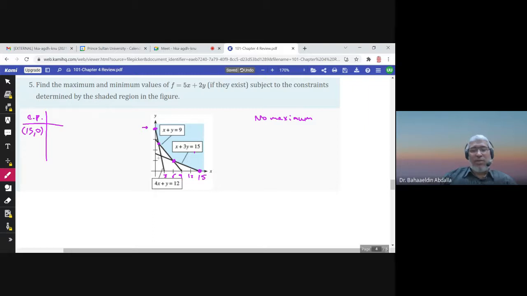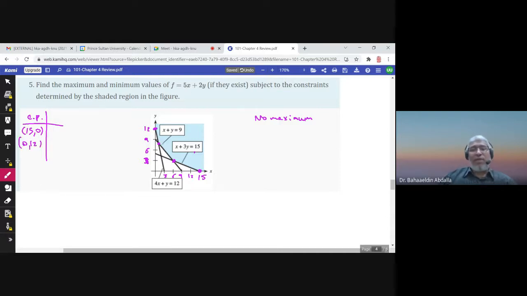And it is the y-intercept of a straight line. What is the equation of this straight line? Yeah, it is this one, 4x plus y equals 12. To find the y-intercept, I put x 0, so y is 12. So I know now that this is 12. 3, 6, yeah, also you can notice that the unit of measure is 3. So anyway, 0 and 12 is another corner point.